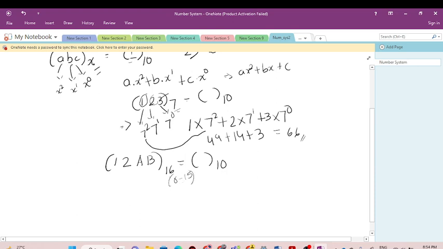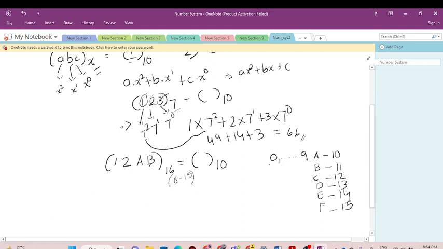For base 16, up to 9 it's the same. Then we have A, B, C, D, E, F, which for simplification we'll write as 10, 11, 12, 13, 14, 15.